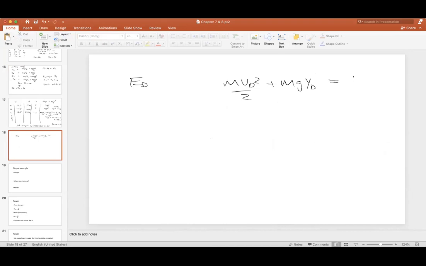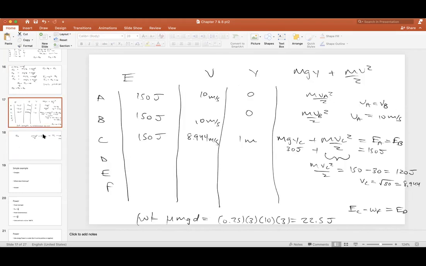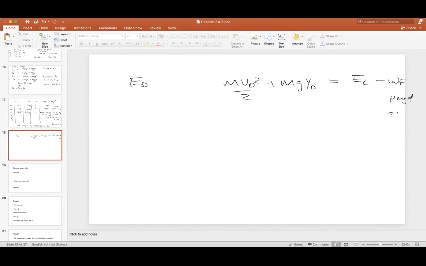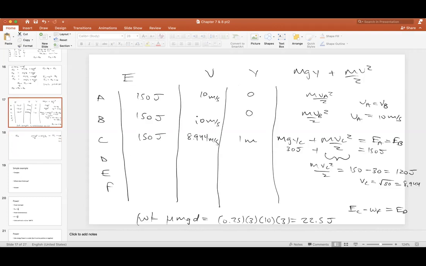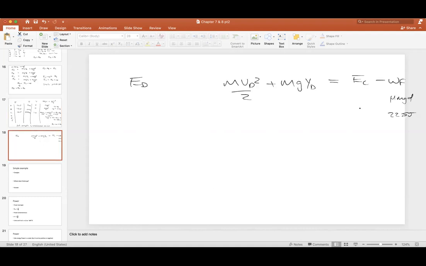And that is equal to the energy at C minus the work of friction. And if you plug this in as mu mgd, we got 22.5 joules. You could again write the energy at C as mvA squared over 2, but we know it's 150 joules, so we're just going to write 150 joules here.